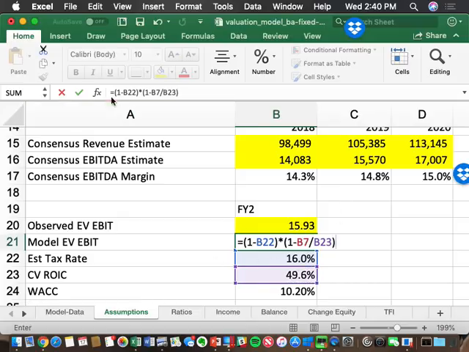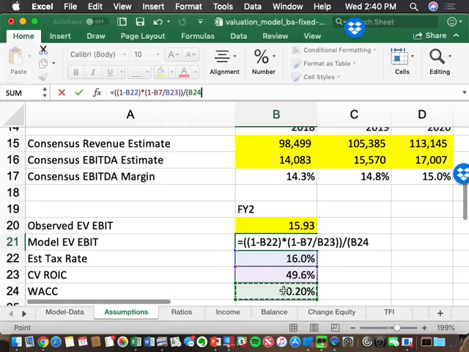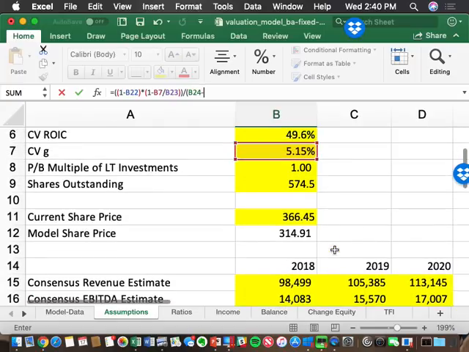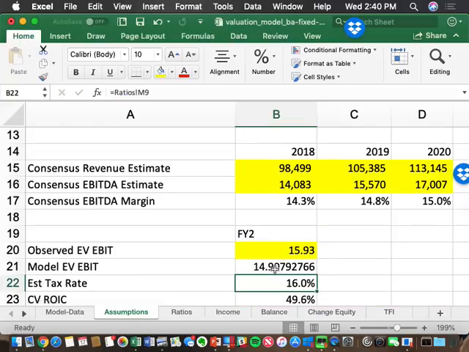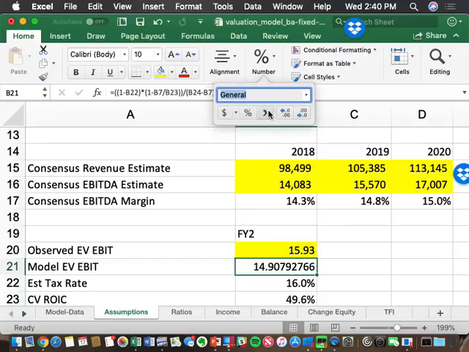Take all of this and divide that by the WACC minus the G. So here's the thing. If these assumptions were to come true, the academic formula would estimate an EV to EBIT of about 14.91. We're seeing 15.93 in the real world today, so we would adjust our model accordingly. Questions?